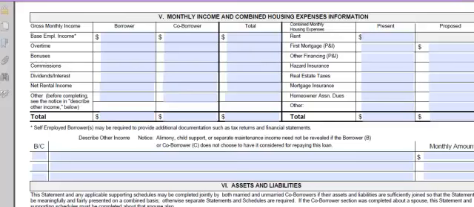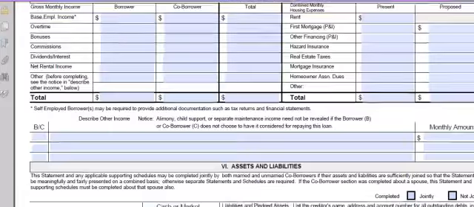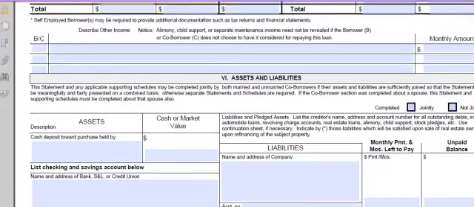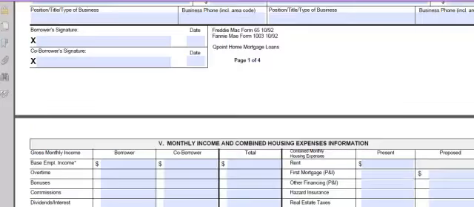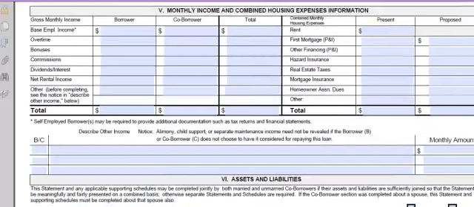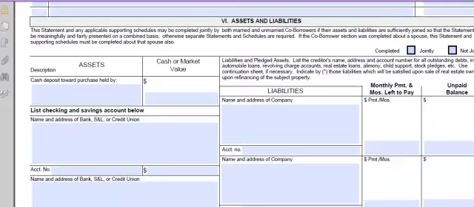So that's what this is trying to get at. It's not maybe as important nowadays. But again, this income is something that the lender will try to verify typically. Verify that you do have the income you claim.